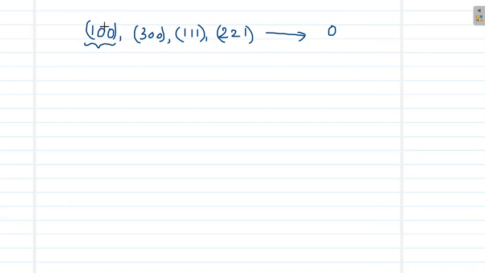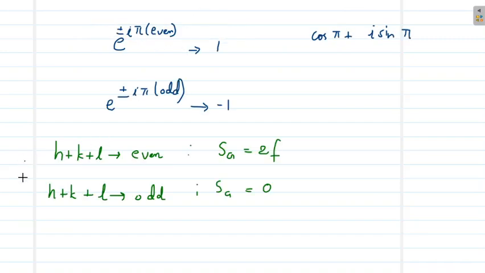While indicating planes, you have to put these numbers in brackets. So for 300, you can see that h plus k plus l is an odd number, and hence according to our conclusion we have 0 as the structure factor.